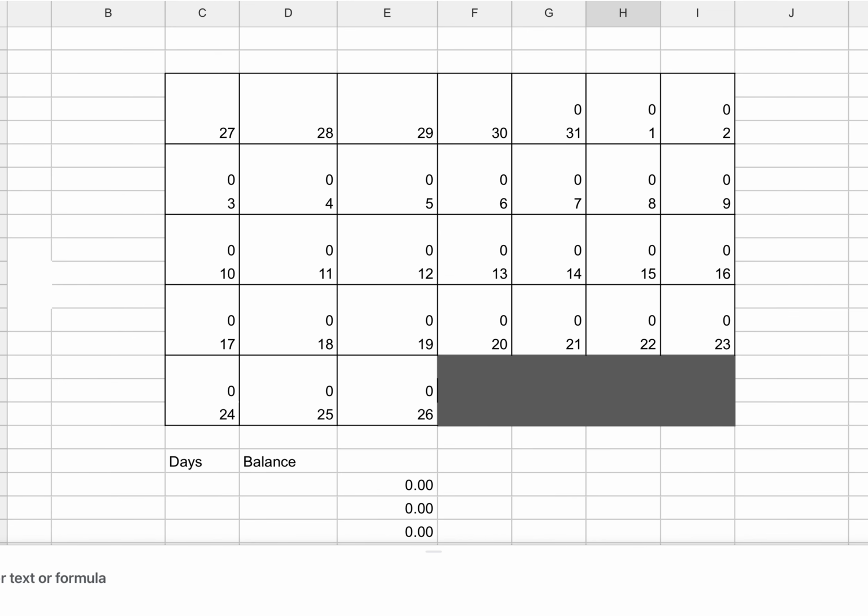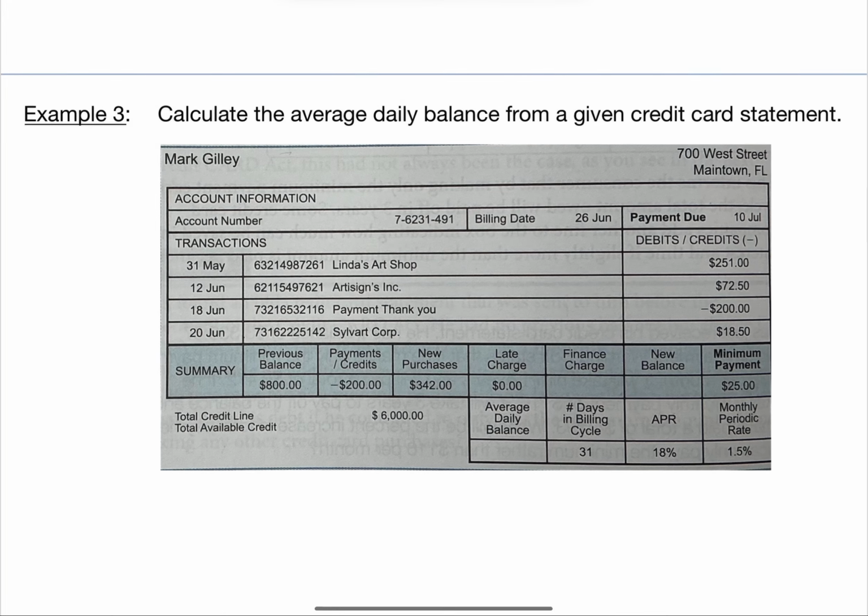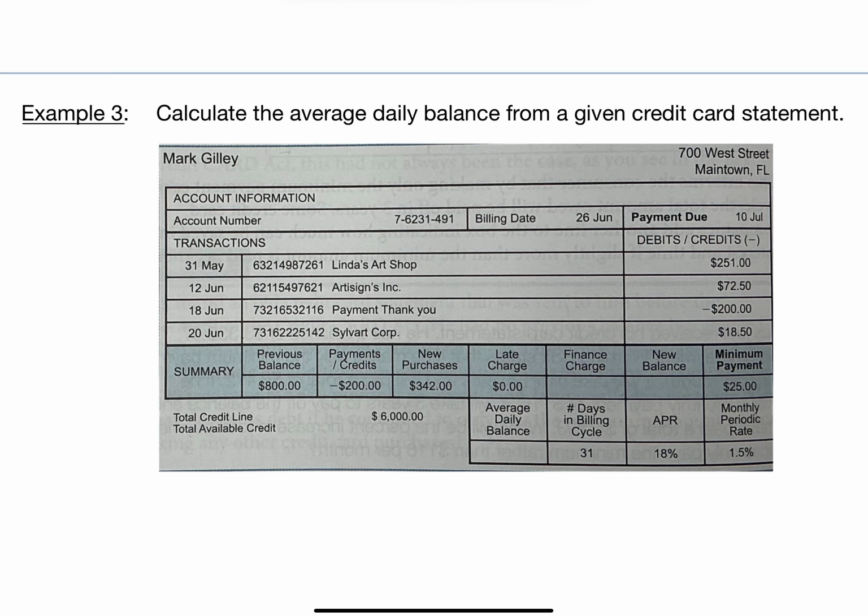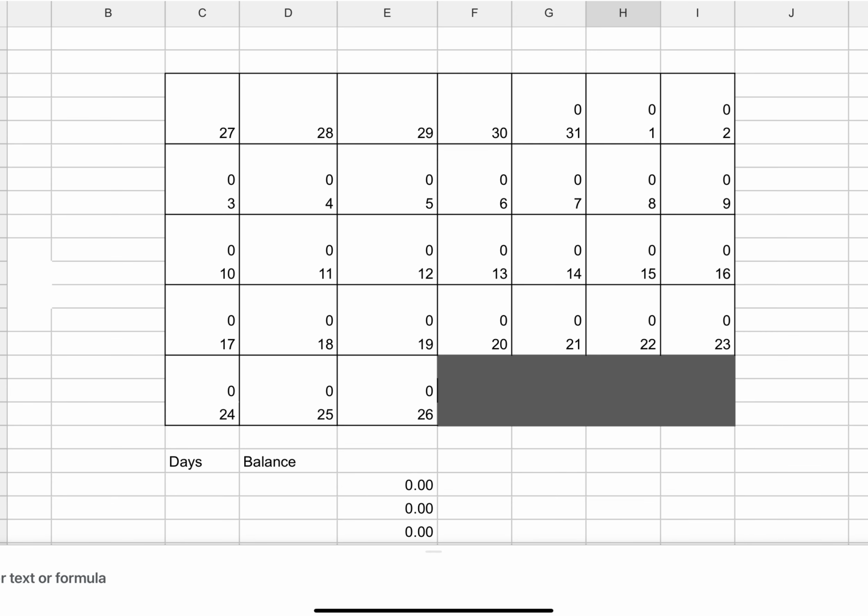So 26, 25, 24, 23, 22, 21, all the way up until 27. Notice that we go back to 1 in the very top row, and then we go to 31, because the number of days in the billing cycle is 31, as we're told over here. So we're going to go to 31 days.